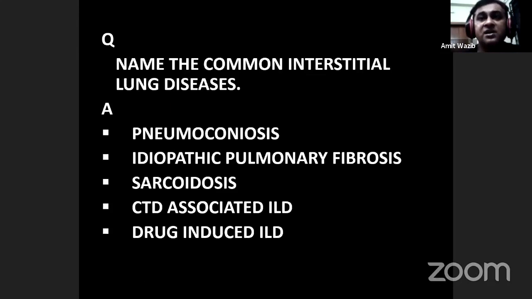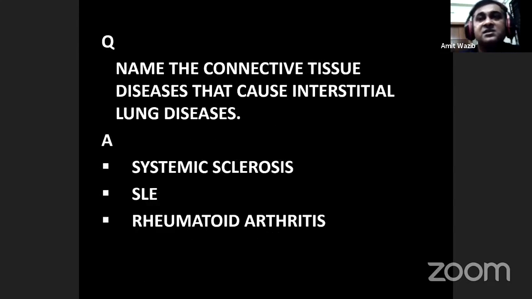The most common one that causes interstitial lung disease is systemic sclerosis. Besides, SLE and rheumatoid arthritis can also cause interstitial lung diseases. These are multi-system disorders. They can involve different organs, multiple organs of the body. So they can also involve the lung, causing fibrosis diffusely involving both the lungs.